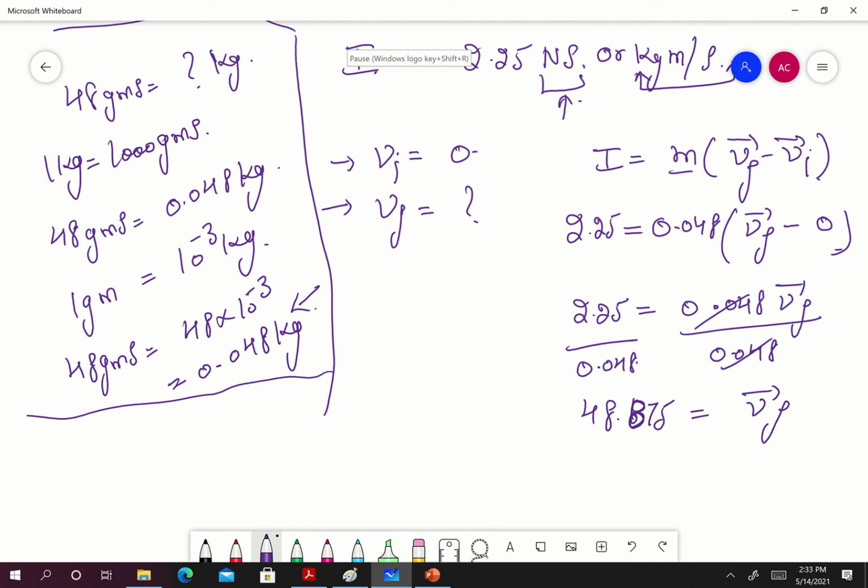V final, we can round it to 46.9 meters per second also.